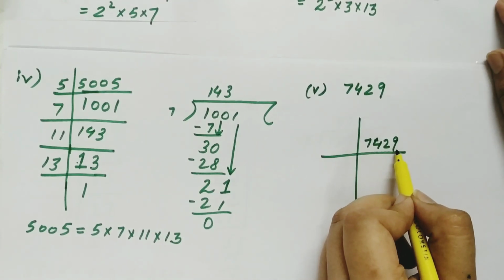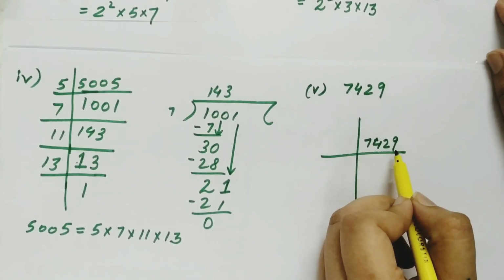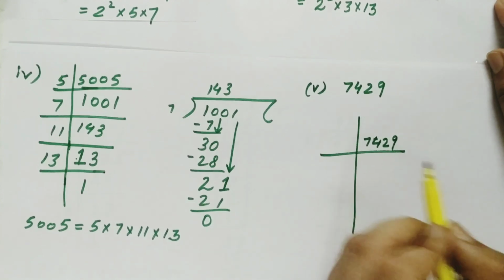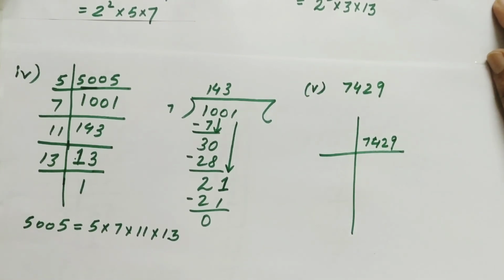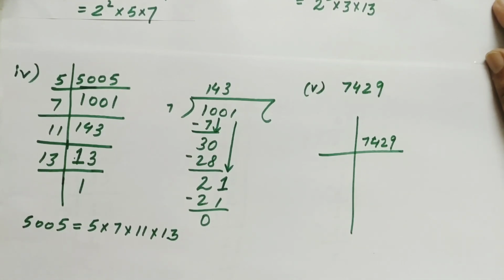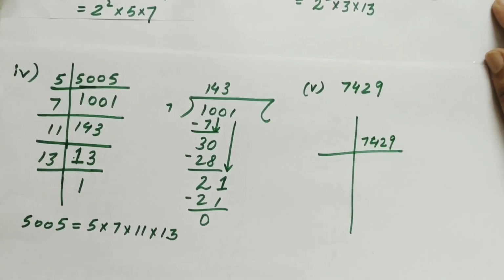And 13 plus 9 is 22. It's not divisible by 3. And so on. If we try, we'll find out that 7429 is divisible by 17. Either you can learn the divisibility rule of all the prime numbers, or you can keep doing the trial method.